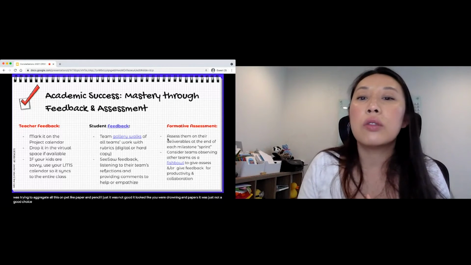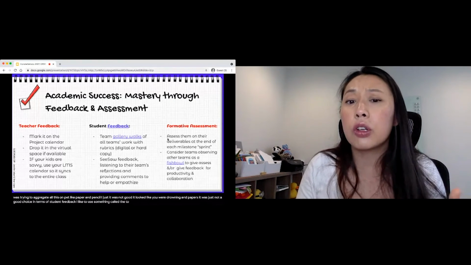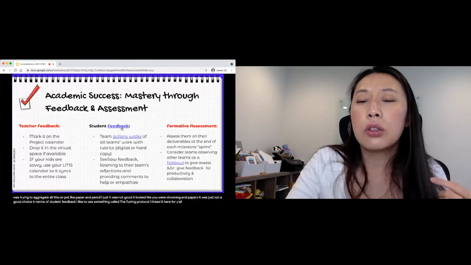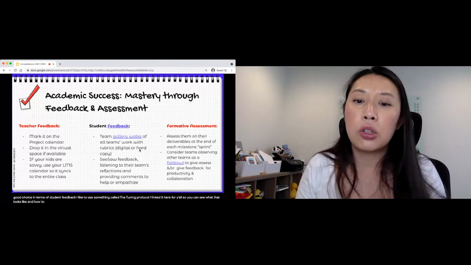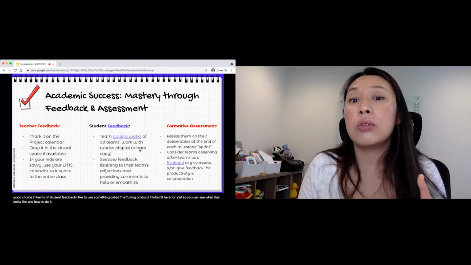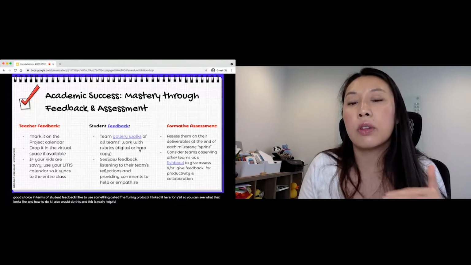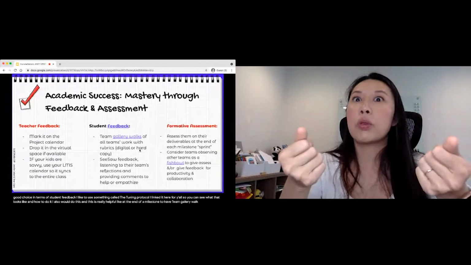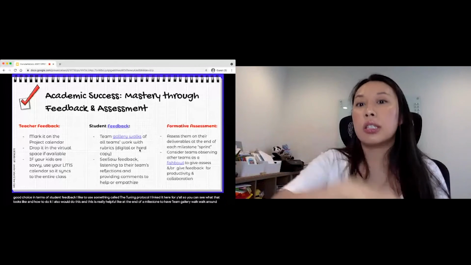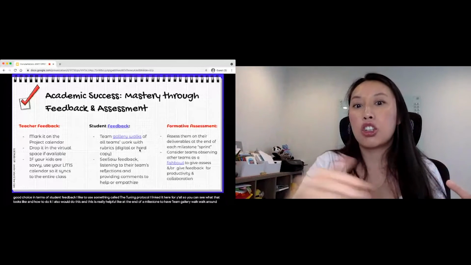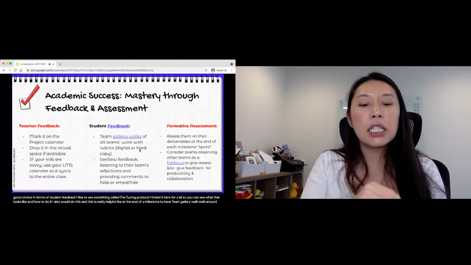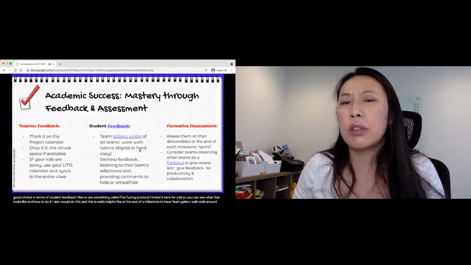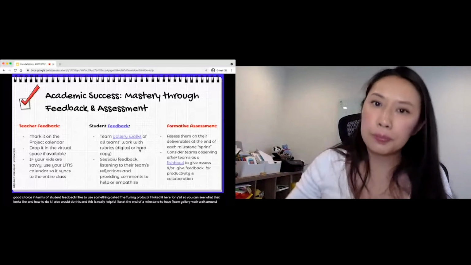In terms of student feedback, I like to use something called the tuning protocol. I linked it here for y'all so you can see what that looks like and how to do it. I also would do this, and this is really helpful, at the end of a milestone: team gallery walks. They would go with their rubrics, walk around from station to station, examine each other's work, basically grade them on the rubric, leave the feedback on that table, and then move on.